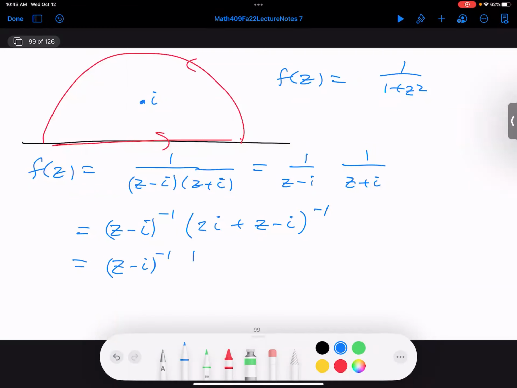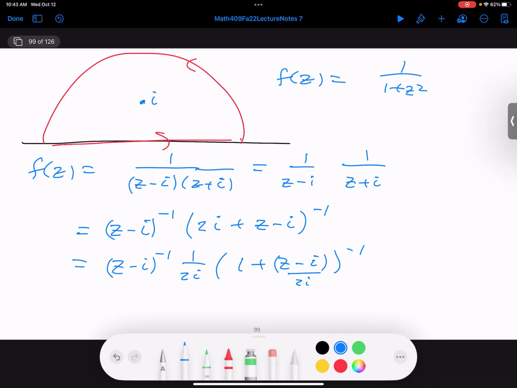I pull out a 2i, so I have a 1 over 2i, and I have (1 plus (z minus i) over 2i) inverse. Yes, thank you. Is that the reciprocal one? It is, yes.